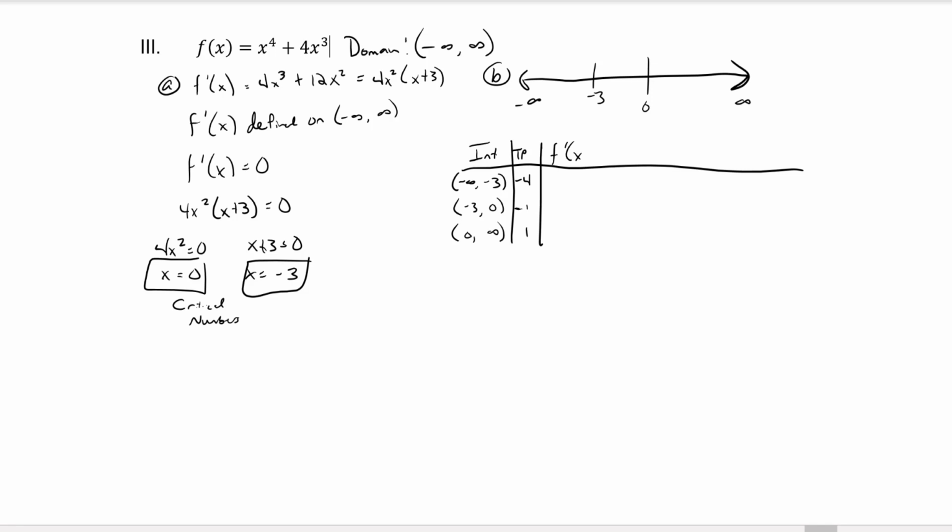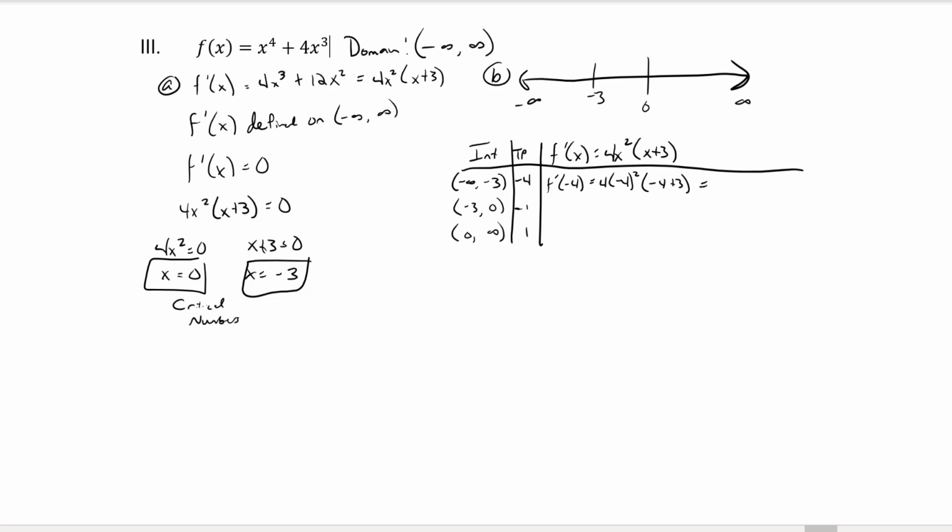So f prime of x we know is 4x cubed plus 12x squared, or, if we use the factored form, 4x squared times x plus 3. That makes it a little easier to get the signs. So f prime of negative 4 is 4 times negative 4 squared times negative 4 plus 3.